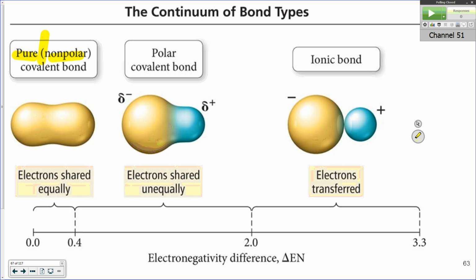You have nonpolar covalents that are less than 0.4, and then you have polar covalent where you've got an unequal sharing of electrons. That's where you end up with partial positive and partial negative charges. That's between the 0.5 and the 1.9. And once it goes greater than 2, then you have transfer of the electrons and you form the ionic bonds.